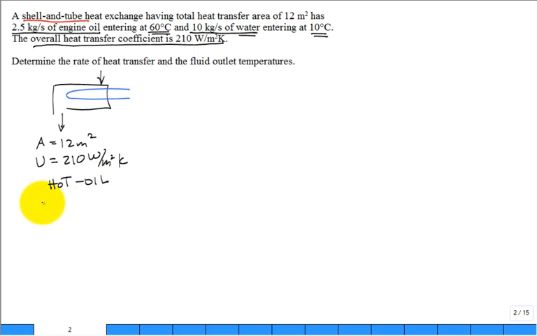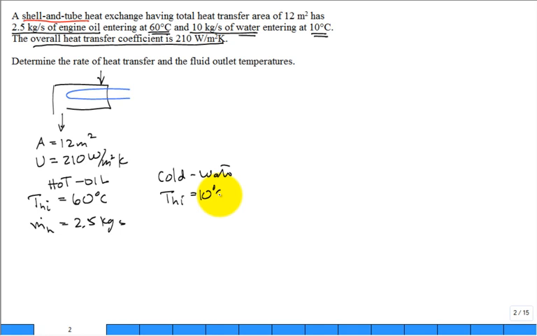So the oil has an inlet temperature of 60 degrees C and a mass flow rate of 2.5 kilograms per second. The cold fluid is the water. It has an inlet temperature of 10 degrees C and a mass flow rate of 10 kilograms per second.